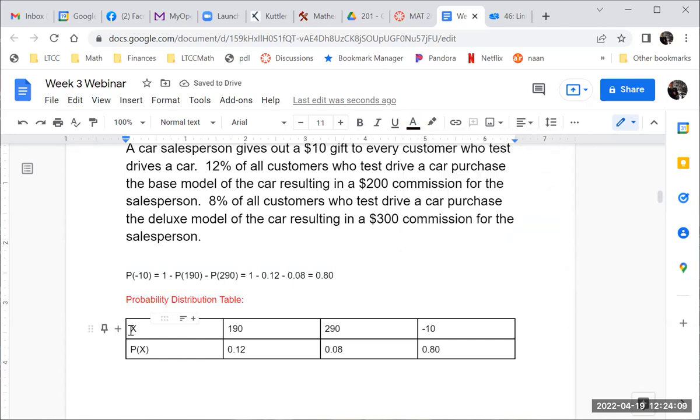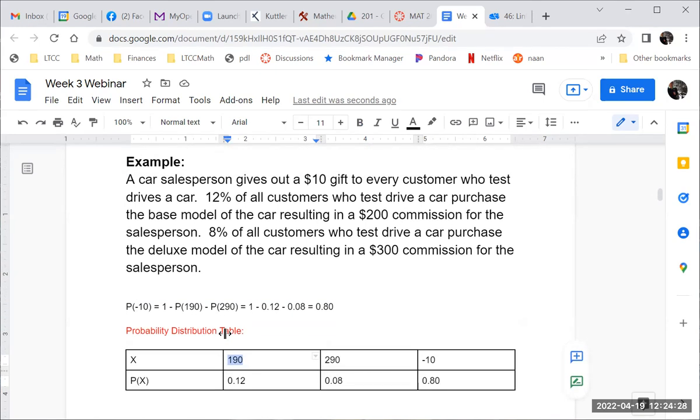So what you do is you write down X, you write down P of X. P stands for probability. X is the value that can happen. So as we mentioned, one possible value is 190, and that would be if they sold the base model of the car. And notice that 12% of the customers do the base model.